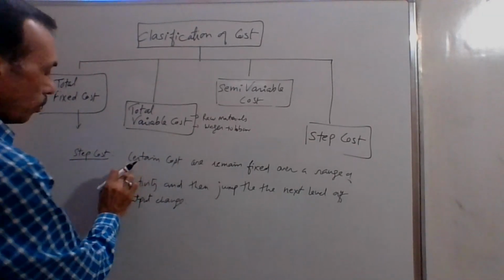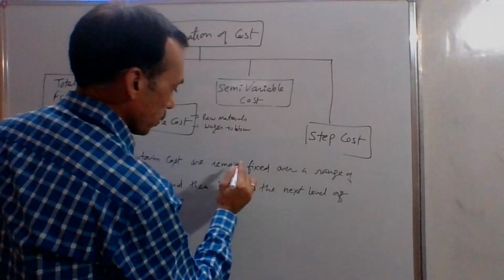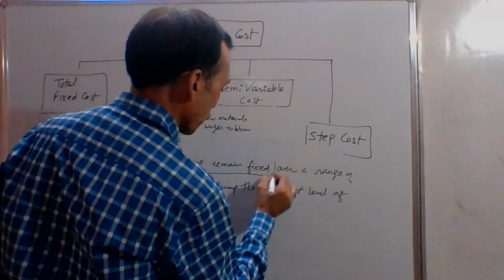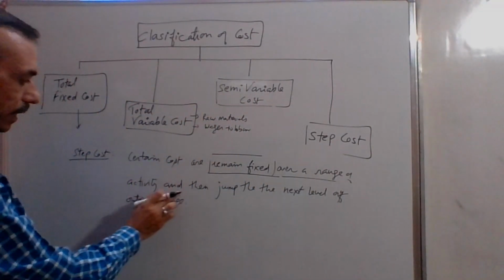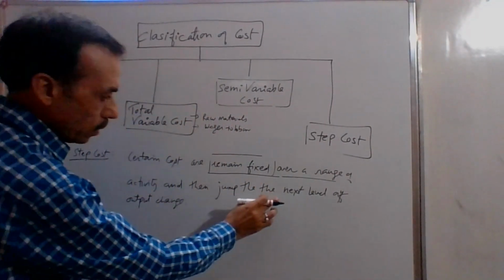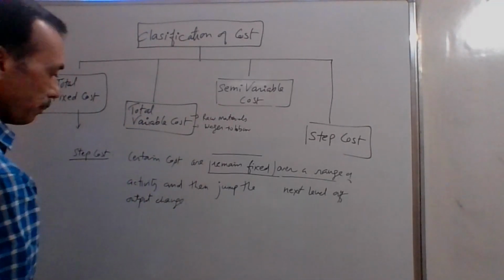So the step costs are those costs which remain fixed over a range of activity and then jump to the next level of output.